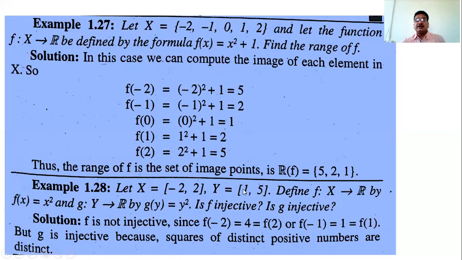This is because the domain contains positive elements, and squares of distinct positive numbers are distinct. Squares of some positive and negative numbers are the same, but if the numbers are distinct and positive, then their squares are also distinct, and that's why this function g is injective. The definitions of functions f and g are the same, but the domains of f and g are different, and that's why one function, f, is not injective while g is injective.